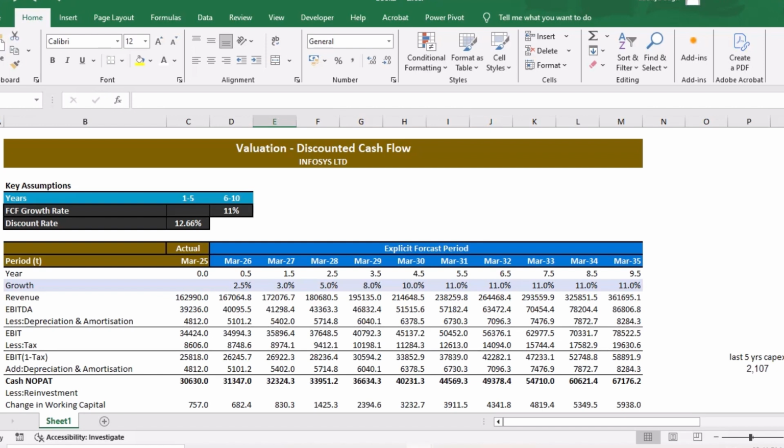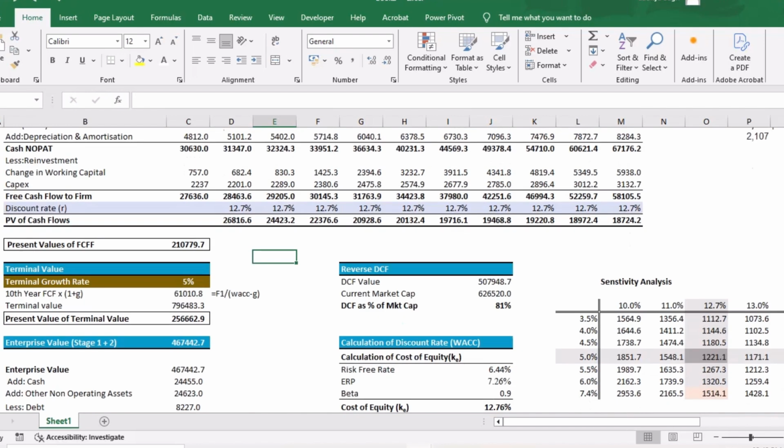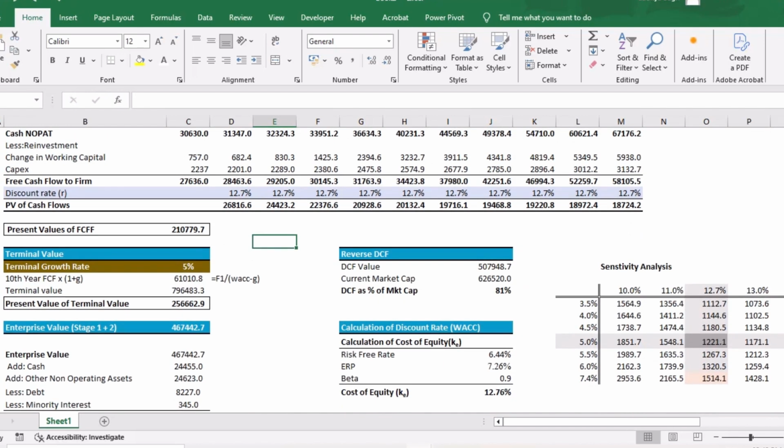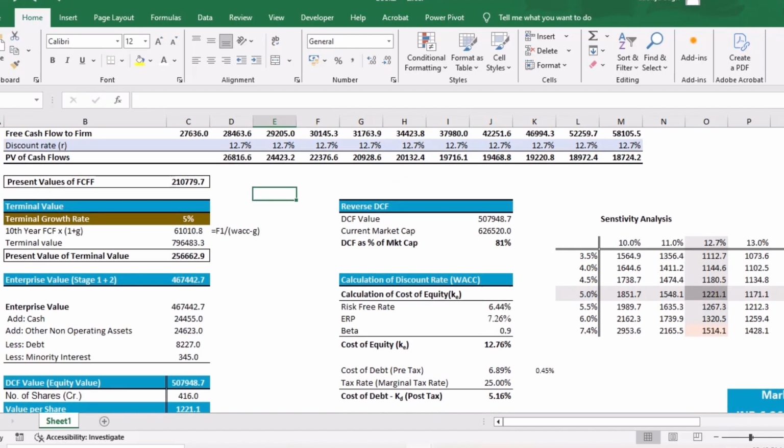So in that time, it's more on the discretion of the valuer what he assumes about the future. So in that case, generally the value comes out very divergent from valuer to valuer. Other than that, in established companies like Infosys, these are generally the same.